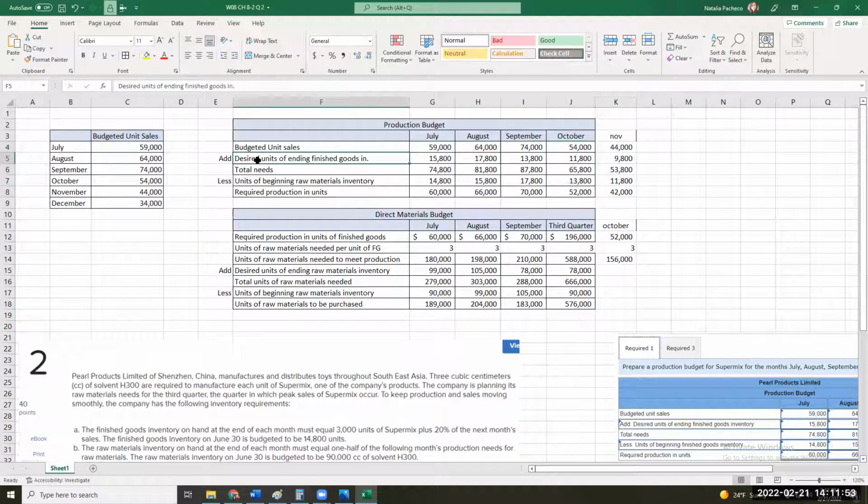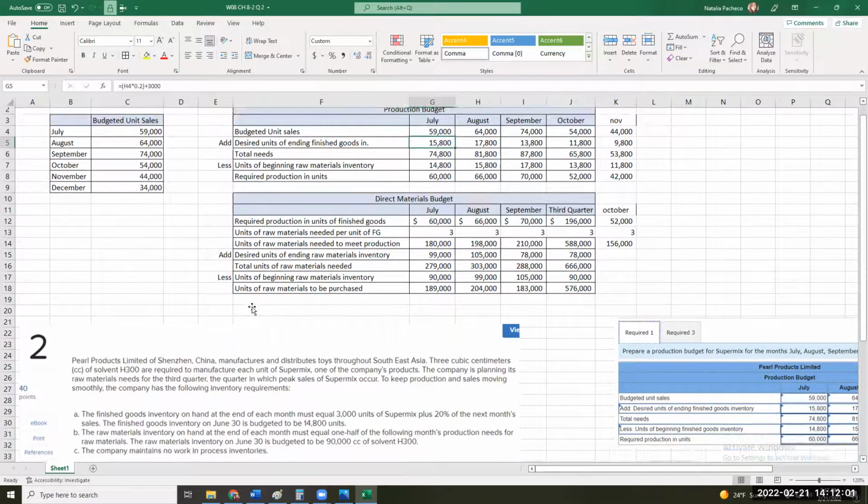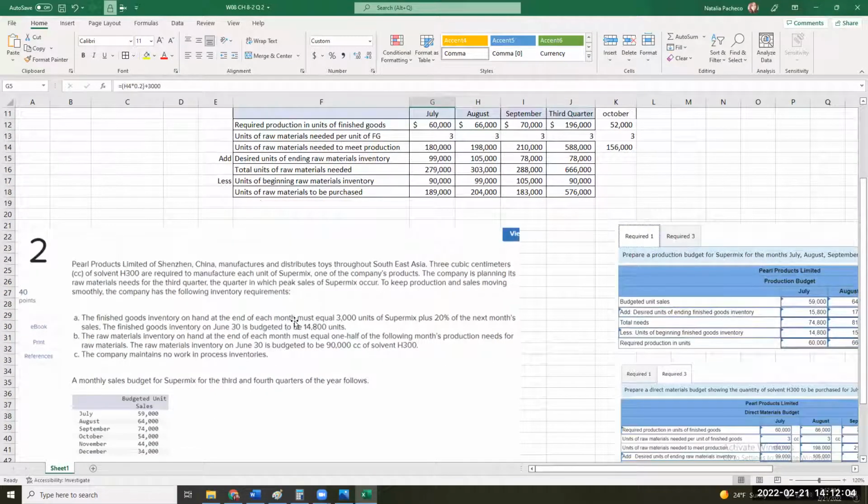Now we're going to add the desired units of ending finished goods inventory. For July, it says that the finished goods inventory on hand at the end of each month must equal 3,000 units plus 20% of the next month's sales.